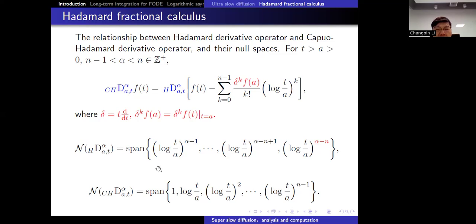They are something like polynomials in the sense of logarithmic functions. From the null space of these two kinds of derivative, we can seek the definite condition for the evolution equation.